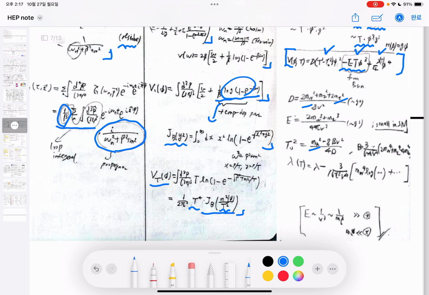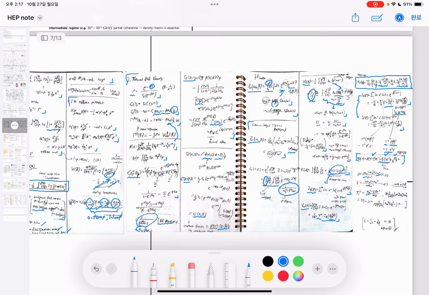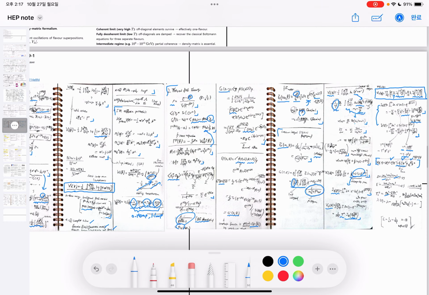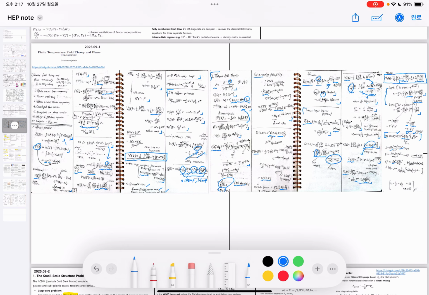So today we discussed thermal field theory as an overall review, starting from the effective potential and considering how we can deal with the propagators and loop integrals with the thermal effect, and there are bosonic and fermionic contributions which give the phase transitions in the early universe.